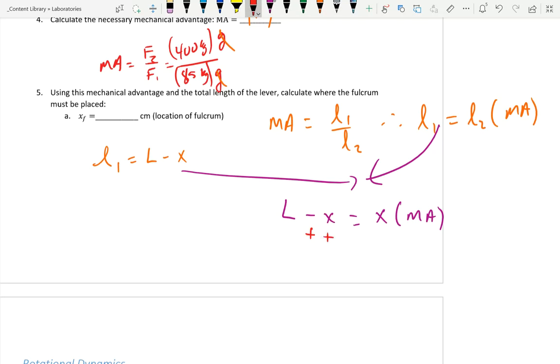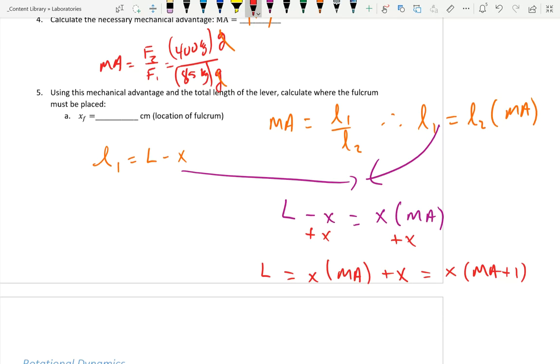So I added x to both sides. So I have L equals x times, I know you do, Max. No, but I'm not there. There you go. That's what I meant. Then I factored out the x. That makes sense because I'm solving for x.